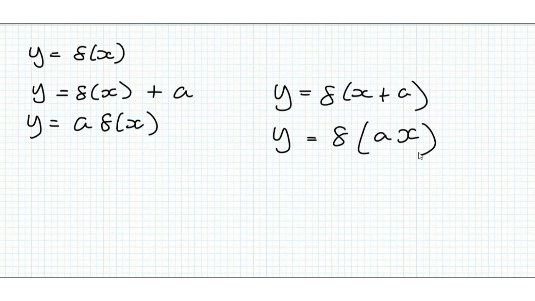You'll have to explore it with a few functions, do some transformations with some functions, and you'll start to see why this comes through. It's closely related to the ideas of inverse functions and stuff, but x over a cancels out with that a times x. We just get f of x. That's what we want. So this is a stretch in the x direction, but by factor 1 over a.